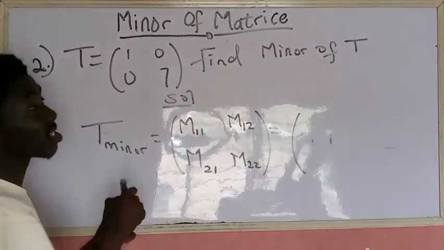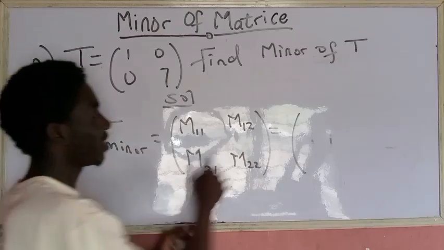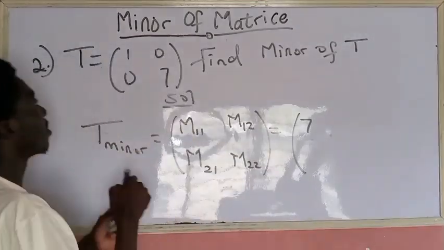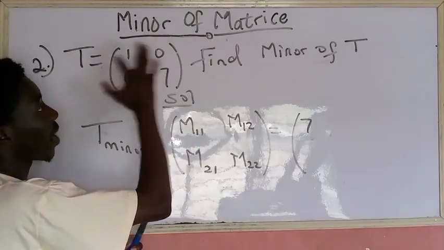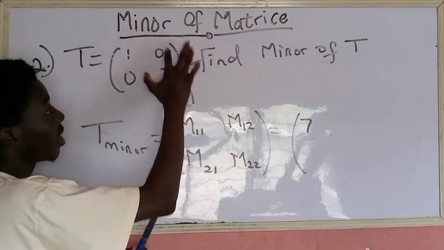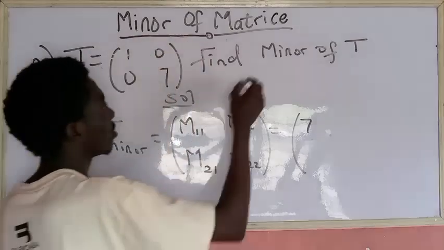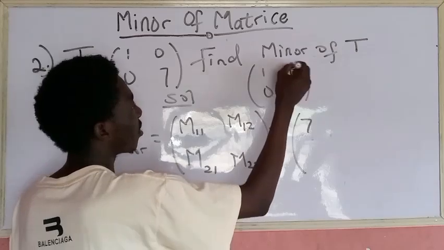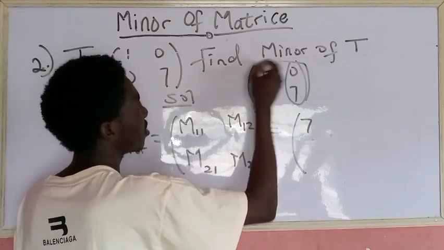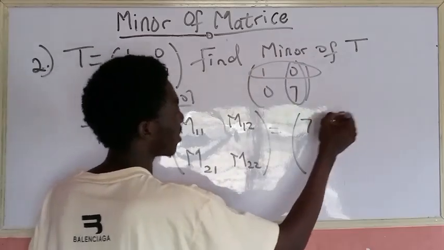1 occupies this column and this row. I'm left with a 7. Good. Next one, 0 occupies this column and this row, and this column. So I'm left with a 0. Let me draw it visually. You can see this, I'm left with 0. Good.